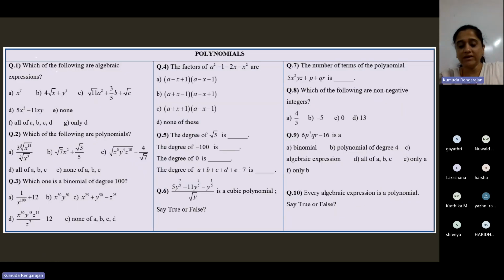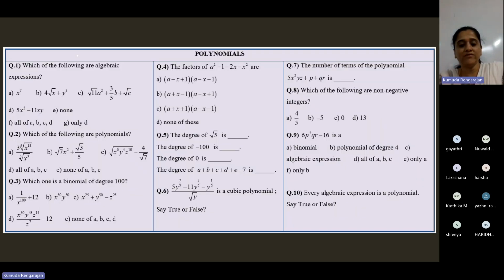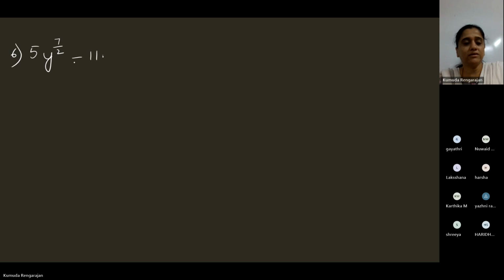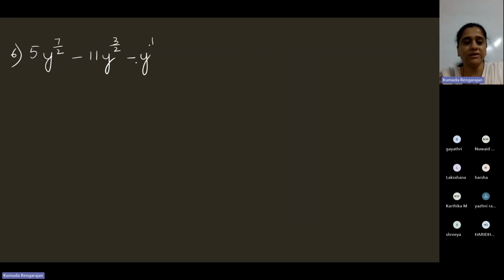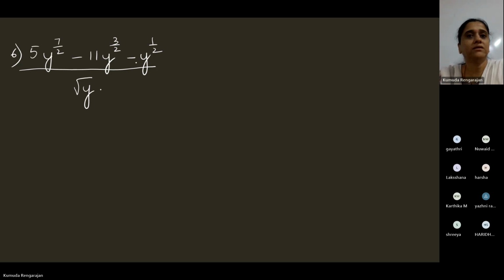So it's 5y raised to the power 7 by 2 minus 11y raised to the power 3 by 2 minus y raised to the power 1 by 2, divided by square root of y.